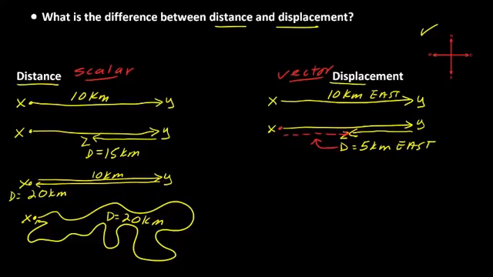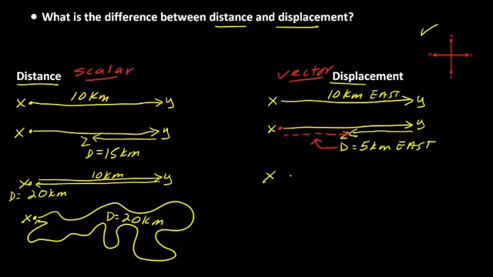Distance is simply the length of the path that you traveled, where displacement is the straight line distance and direction between the origin and your final ending point. So let's take a look at this third example down here.